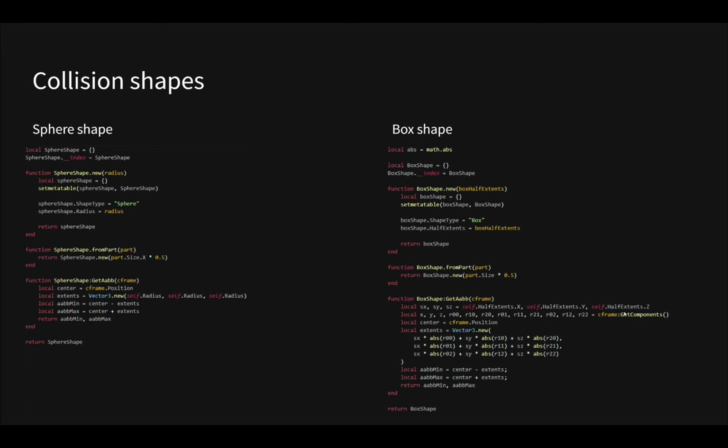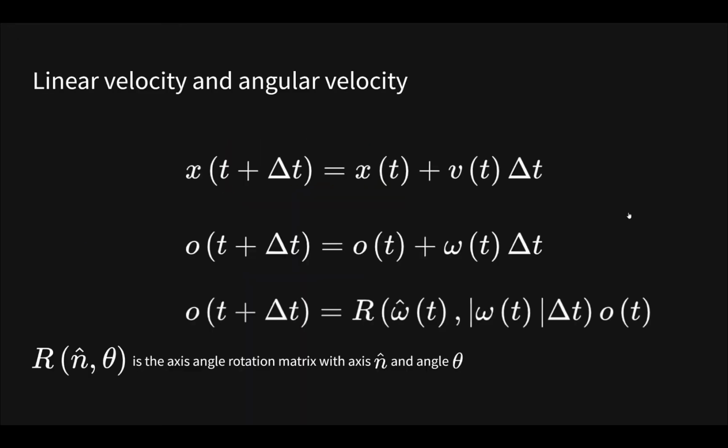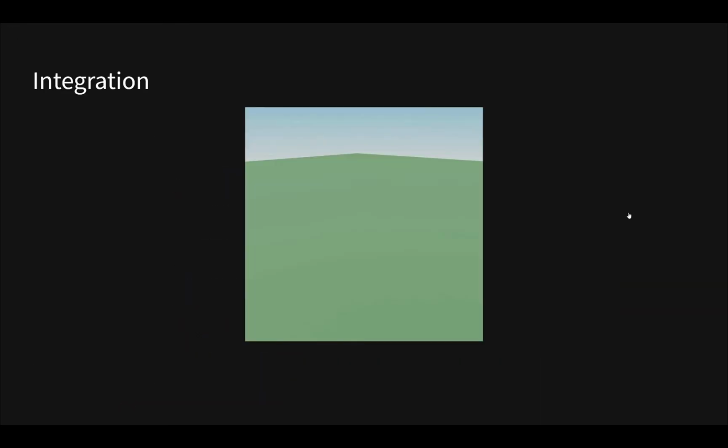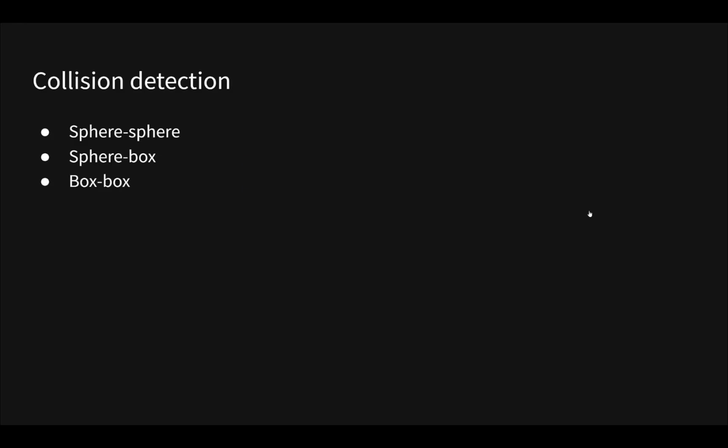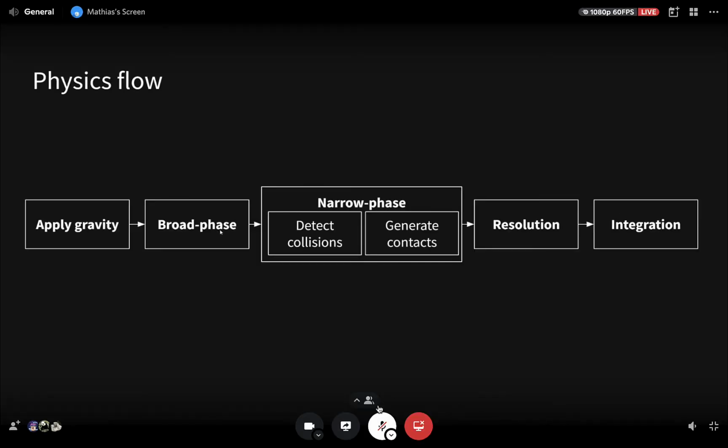You just take the half extents and the rotation matrix components, and you can do a little bit of taking absolute values and multiplying by the sizes, and that way you can get the minimum and maximum, so it's very cheap to compute. All right. So that's for the broad phase.